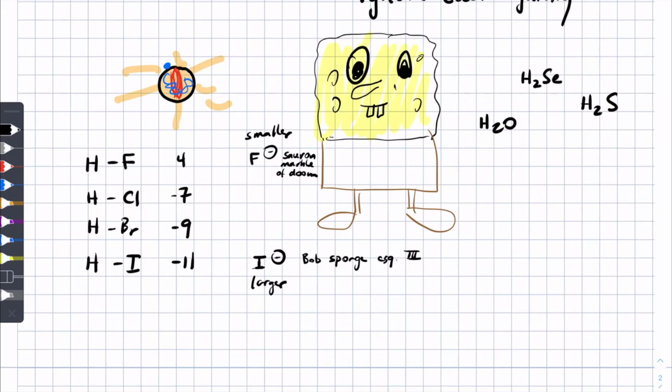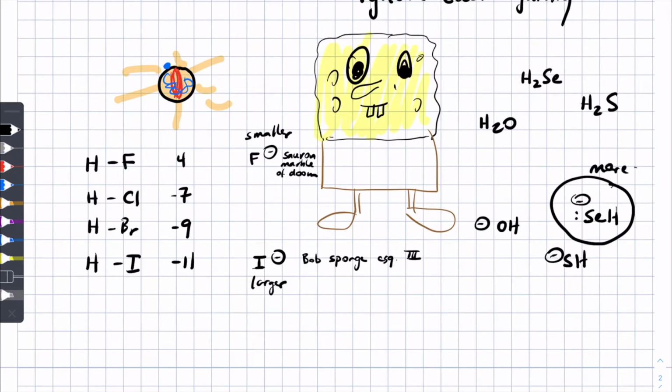Can you tell me which is the stronger acid? Or, if you prefer to think in conjugate base, can you tell me which conjugate base is more stable? More stable conjugate base is the selenium one. Why? Size, it's just bigger, spreads out electron density, and therefore H2Se, hydrogen selenide, would be more acidic.